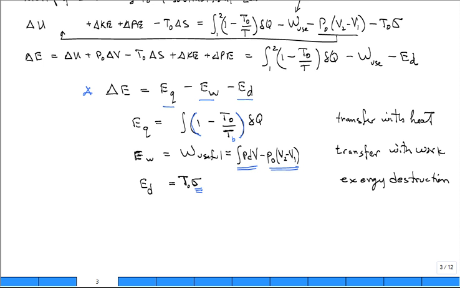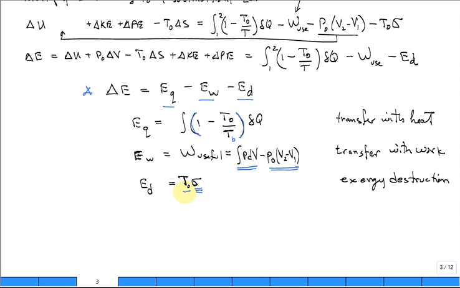When sigma is greater than 0, you have irreversibilities. When there's no irreversibilities, it's equal to 0. It's frictionless, everything's as good as it can be, right? When is sigma less than 0? When is it negative? Never. It's impossible. You've now violated the second law of thermodynamics.